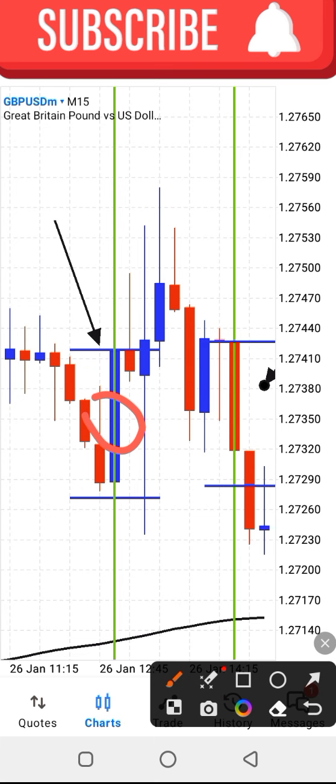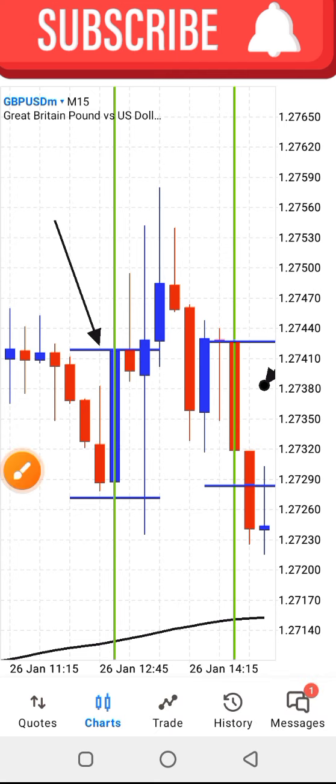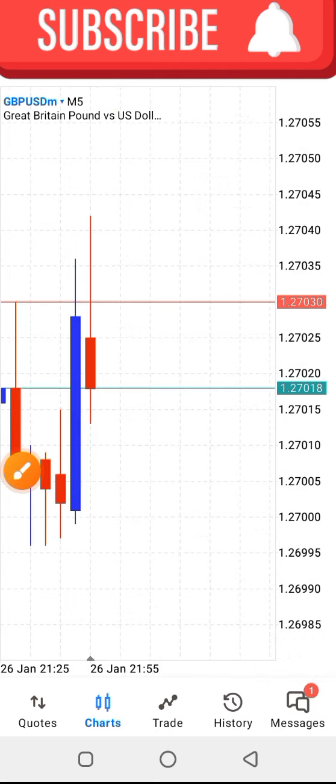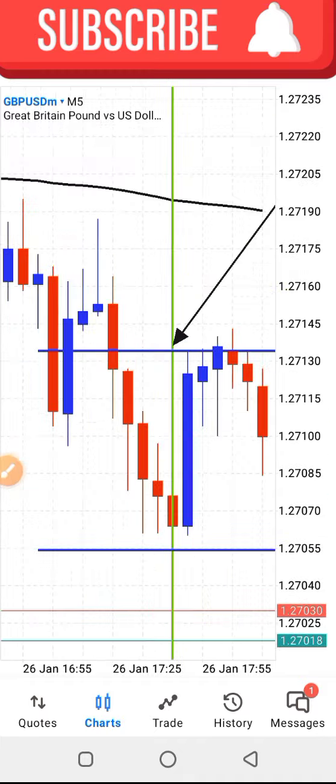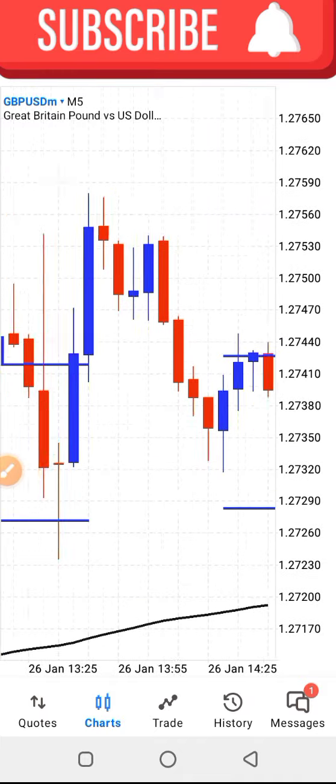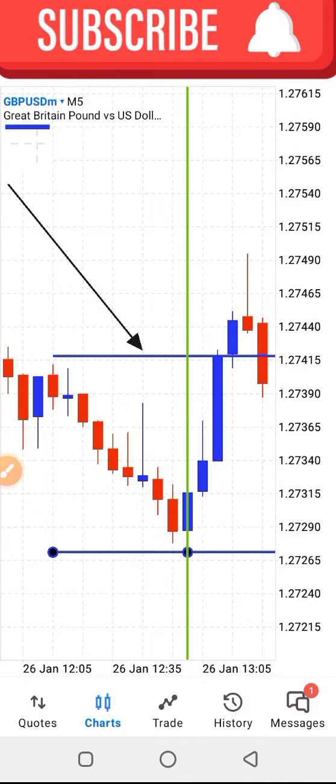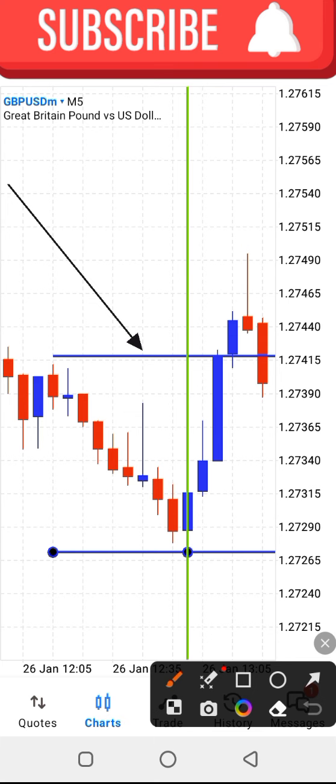I just like the color combination. All right, so let's go to the 5 minutes time frame. Okay, so this is the last example I have for you. The first three candles, first one, second one, third one, give you the 15 minutes.